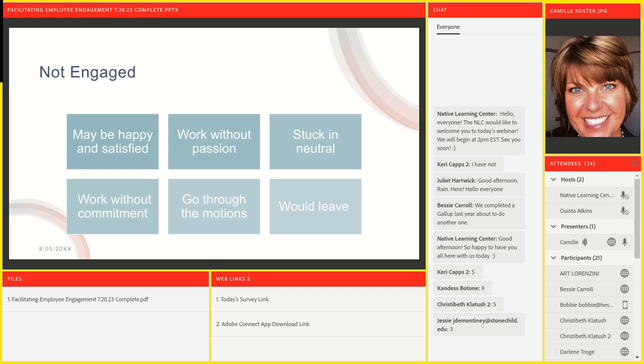For most not engaged employees, they're really stuck in neutral. They show up for work and go through the motions. They really don't feel connected with the company, with you as a leader, with coworkers, and they're really not overly concerned about productivity, profitability, waste, or safety.